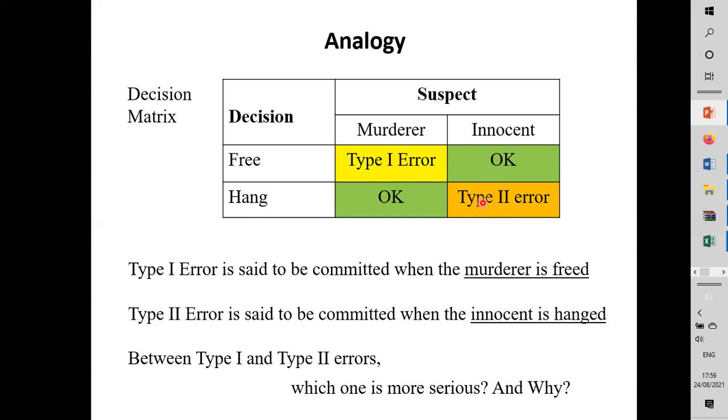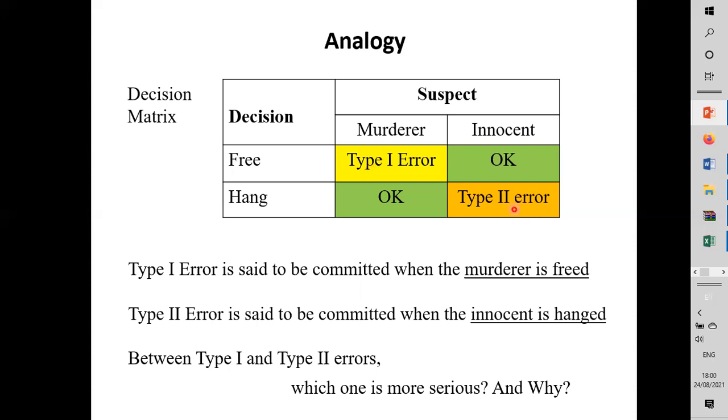Innocent, you hang him, what happens? We are the murderer now? No, it's not you, it's a decision. It's not a mistake. The evidence came as such. So, hang the innocent, what happens outside? You free the murderer, what happens outside? More murders.